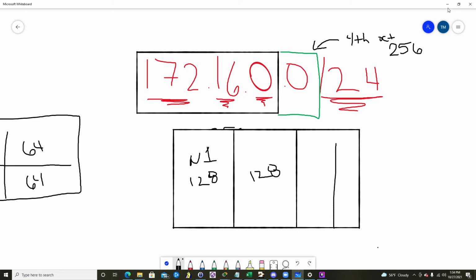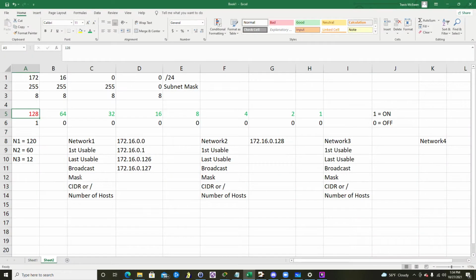So moving from there, we can figure out our mask and our CIDR and also the number of hosts that are available to me. Our mask here is going to be 255, 255, 255, because that's our first 3 right there. And then we're adding up the bits that we flipped to an on state, which is just that 128.